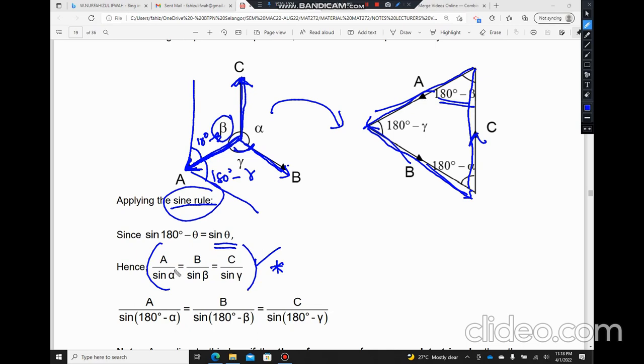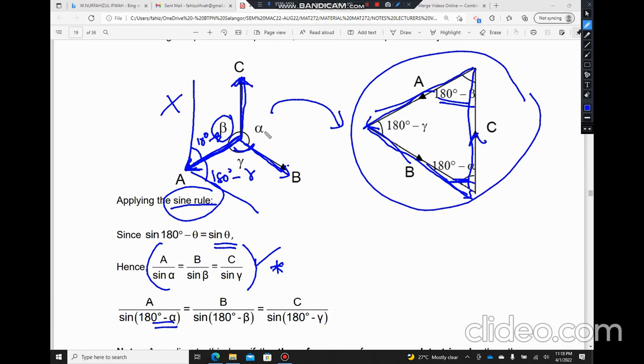So sine alpha tadi kita dah tak guna alpha, tapi kita guna 180 minus alpha. Sebab kita consider pada this triangle. So jangan lagi consider pada ini sebab kita dah convert pada triangle by using Lami's theorem. So A over sine 180 minus alpha equals B over sine 180 minus beta and equals C over sine 180 minus lambda.